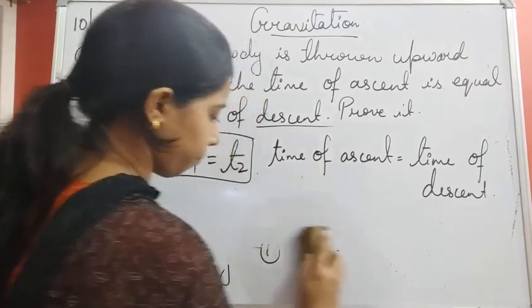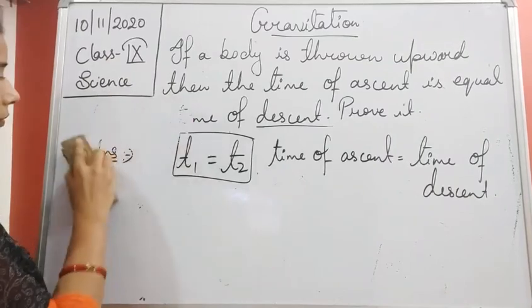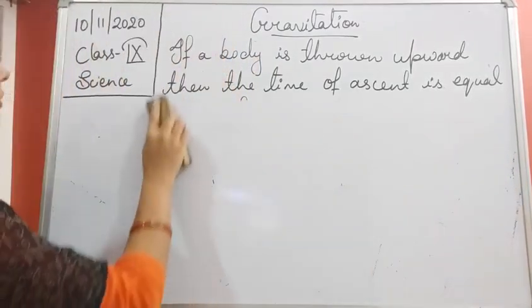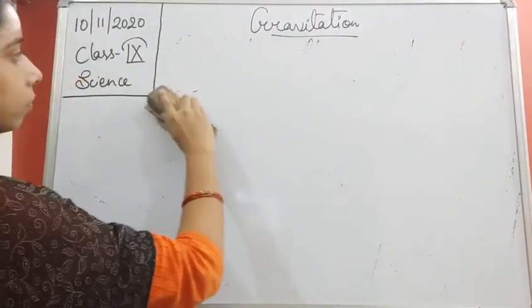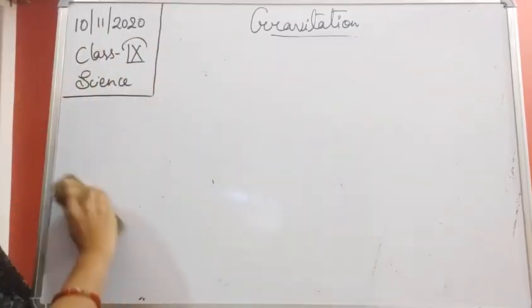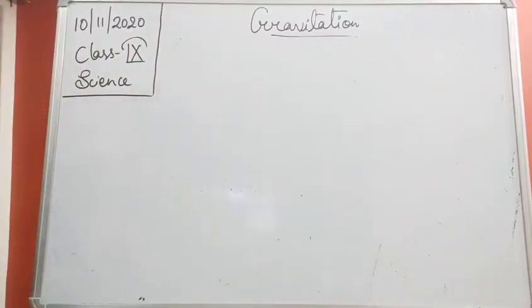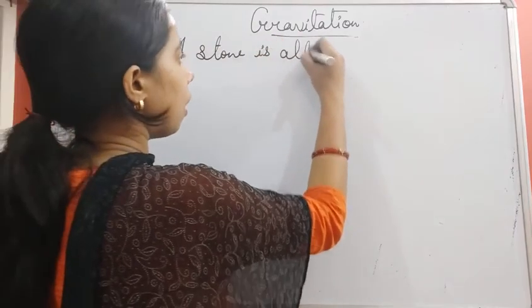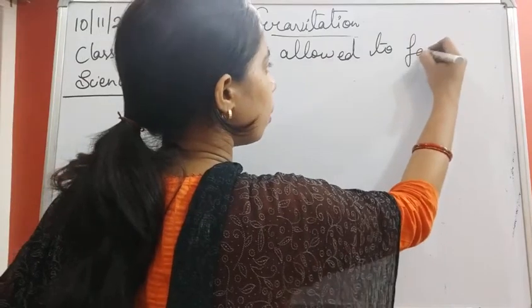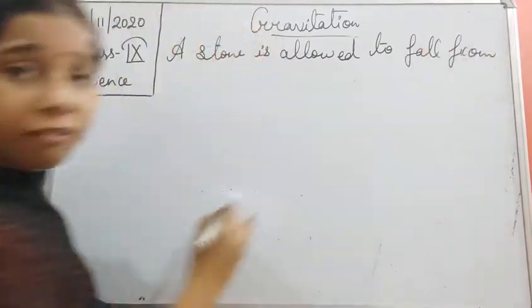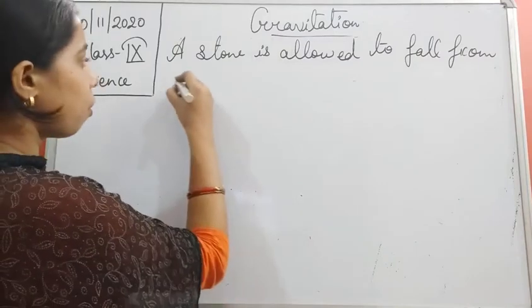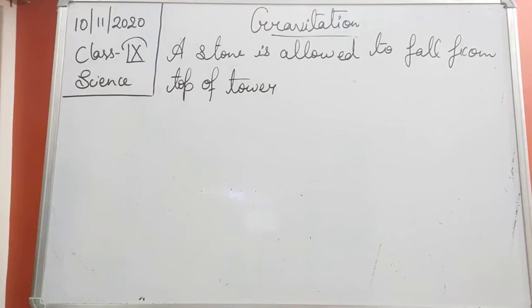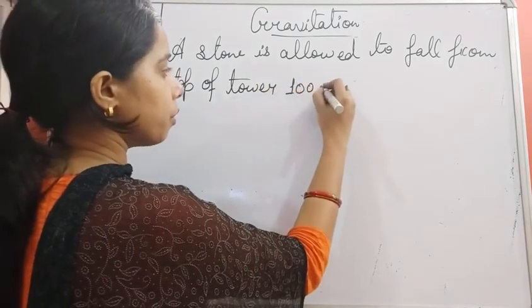The next question is: a stone is allowed to fall from the top of a tower, and the height of the tower from the ground is 100 meter.